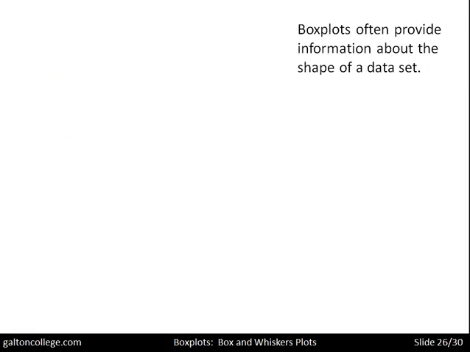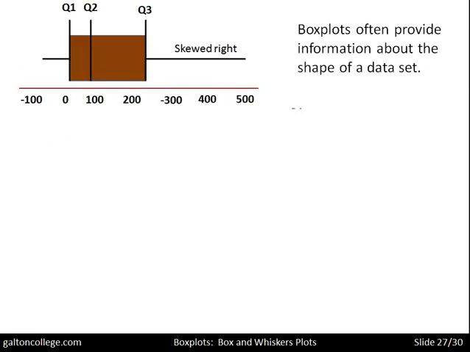Box plots often provide information about the shape of the data set as well. For example, here we can see that the data is skewed to the right. There's a lot of data over from around the 240 mark across to 500, but it's skewed. The data is not sitting symmetric on the numbers. It's not sitting in the middle of the numbers. It's sitting off to the left.